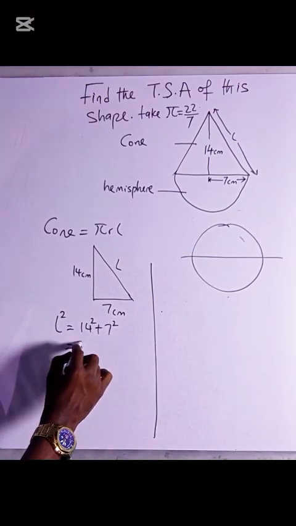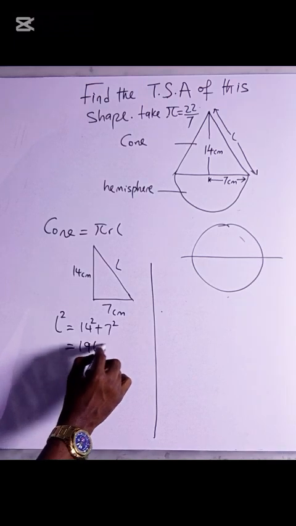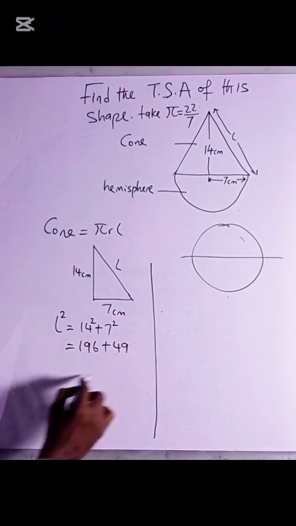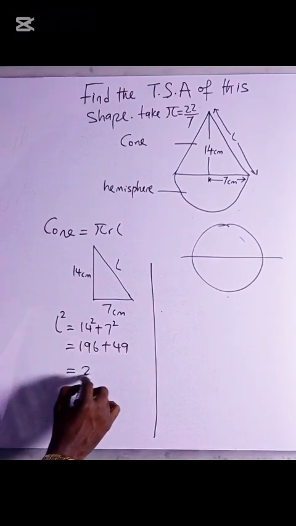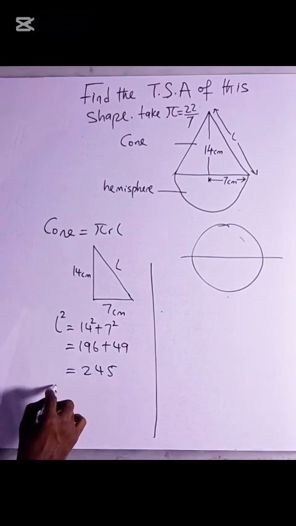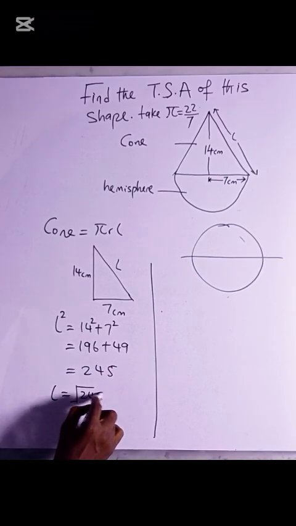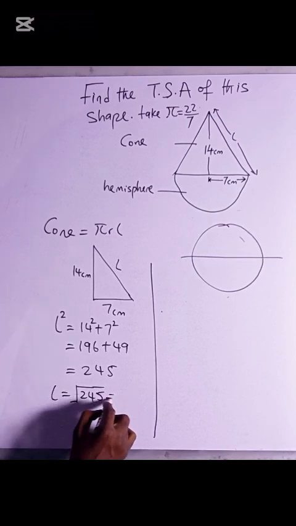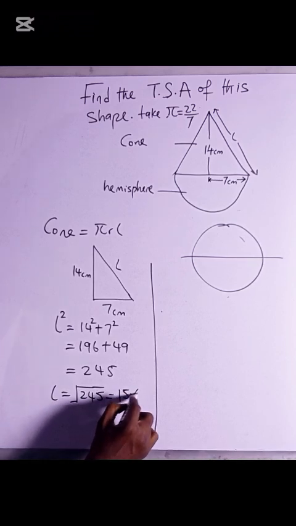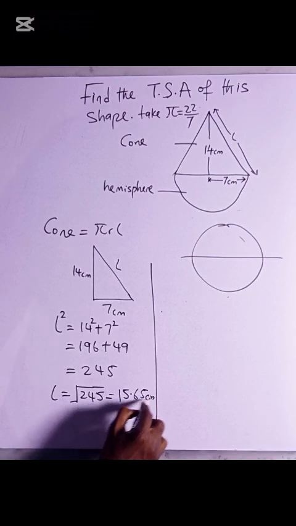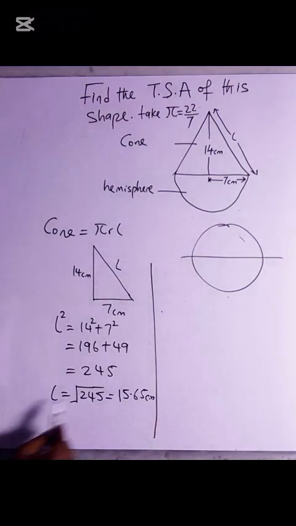We're going to have what? 196 plus 49. And if you add this, you're going to have 245. So your L is equals to the square root of 245, which is what? 15.65 centimeter. So this is your slant height.